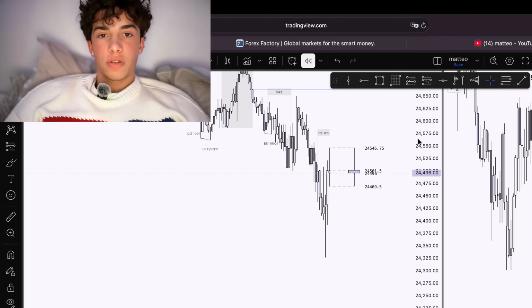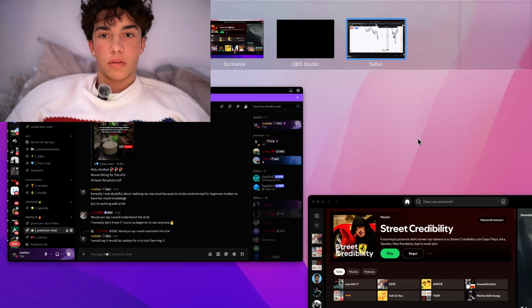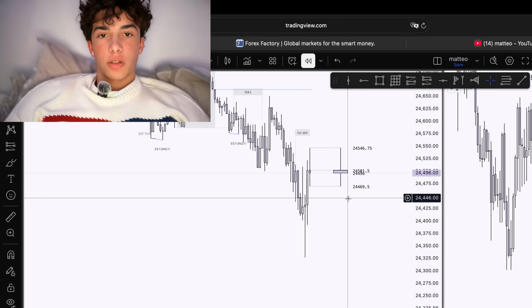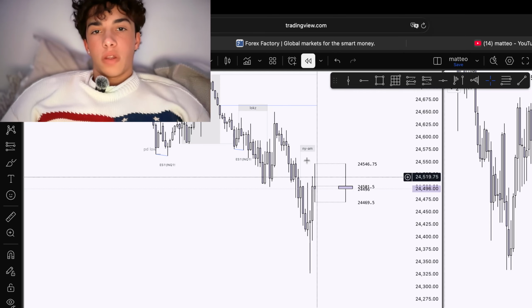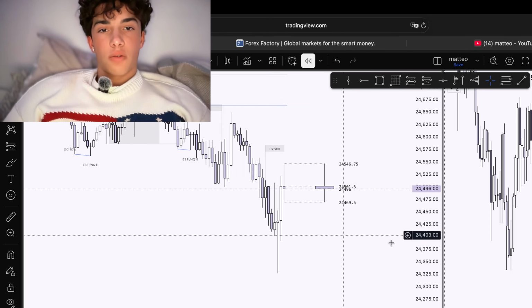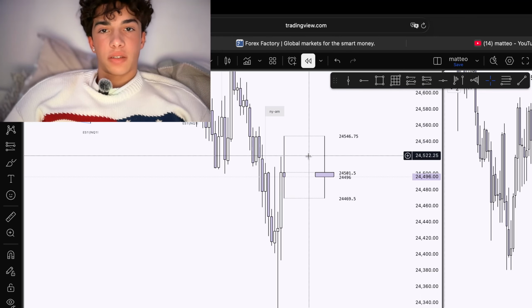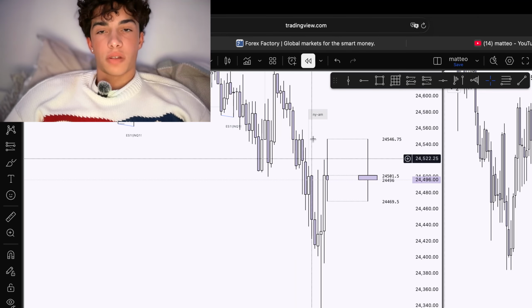We did a little retrace here. I was just watching the schedule. We did a little retrace here. Now the candle is reacting to something. We have an OB here, maybe.